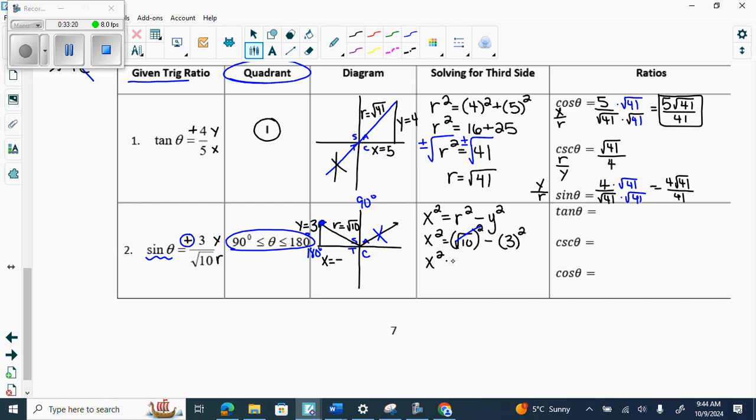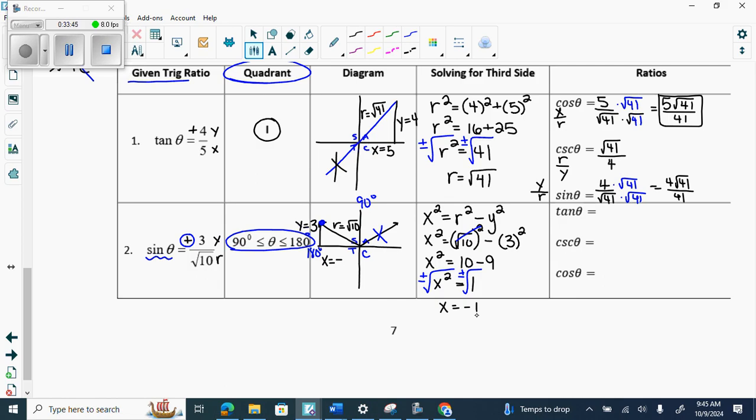So x squared equals 10 minus 9. X squared equals 1. And then I have to take the square root, plus or minus. And x equals negative 1. And why do I know it's negative 1? Because I drew it. We agree?